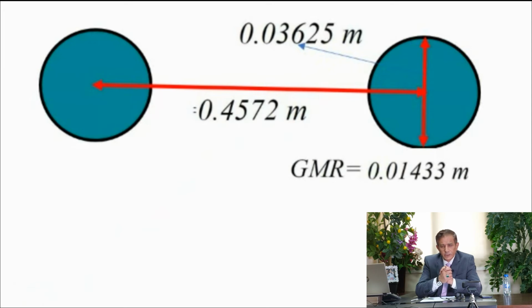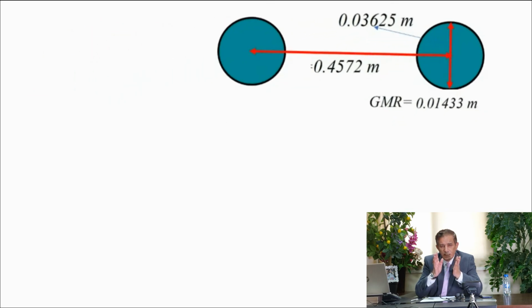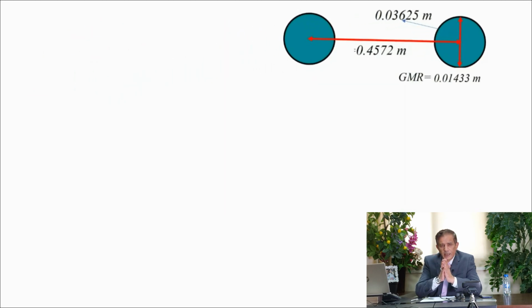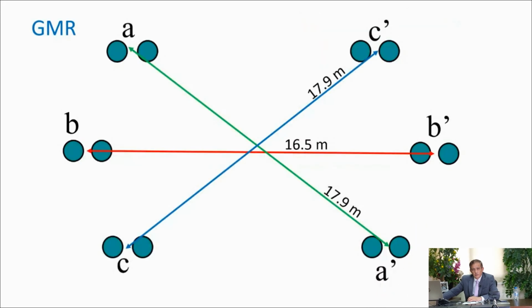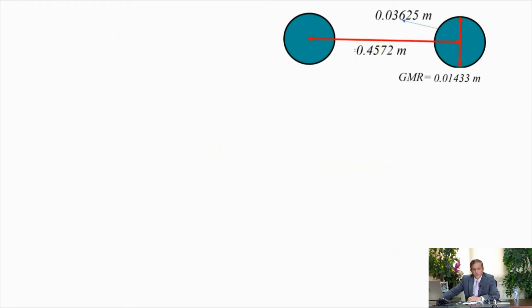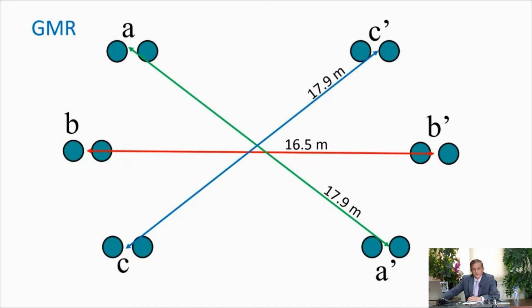These are given information in the question. This is the single bundle. So I have the dimension between the single bundle and the conductors themselves here. These two things are different from the distance between the phases: geometrical mean radius within the phase.